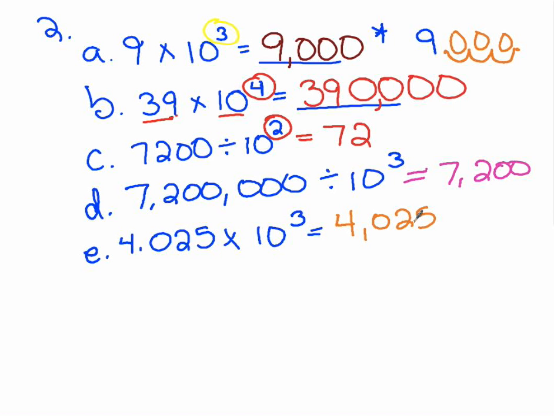Because when you multiply by 10, you're going to take the decimal and move it 3 times. And it becomes 4,025.